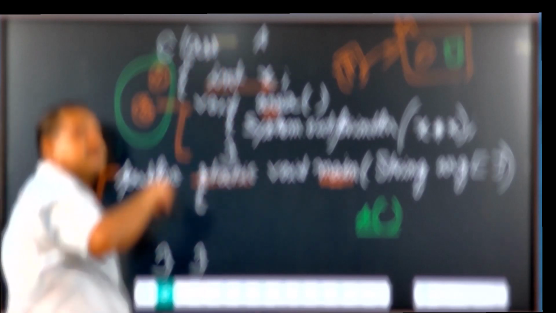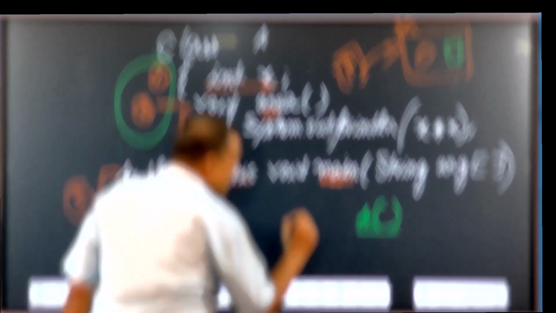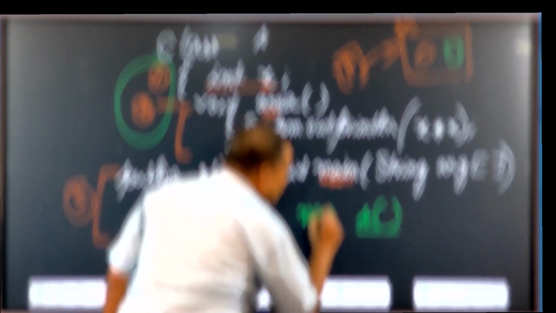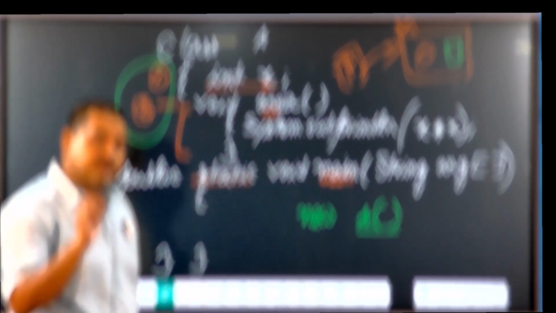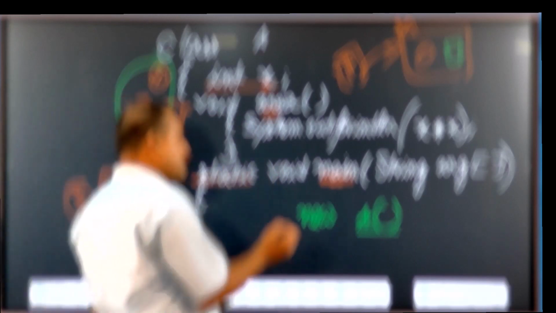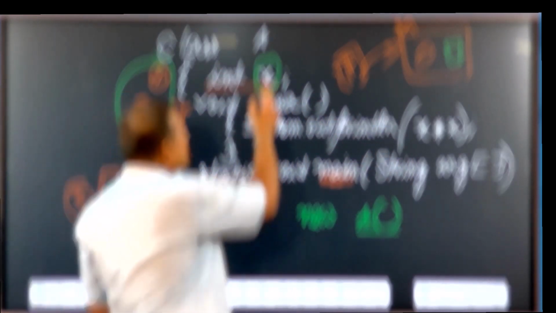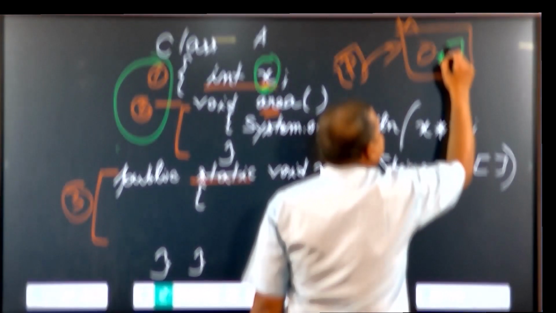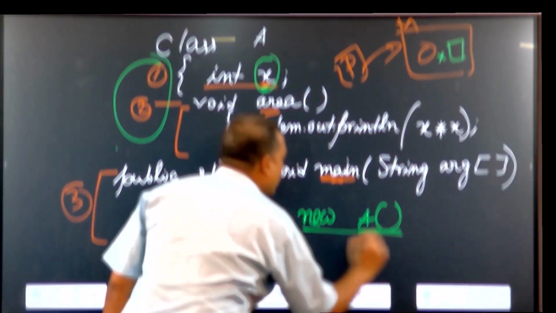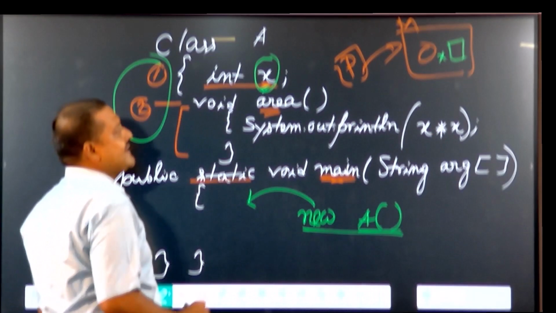So, this represents the whole class, meaning the members which are not yet allocated inside memory. Then here we write a keyword called new. New is a keyword which allocates memory dynamically. At once, what will happen? The instance variable, which we discussed in the last video, x, will be allocated inside memory, and this whole expression will return the base address of the allocated location.